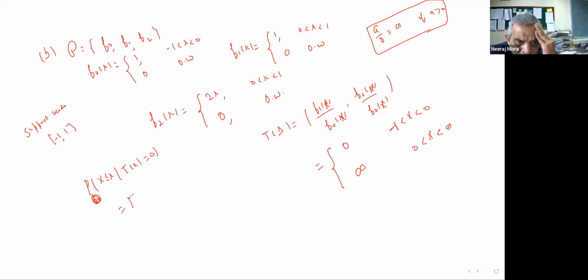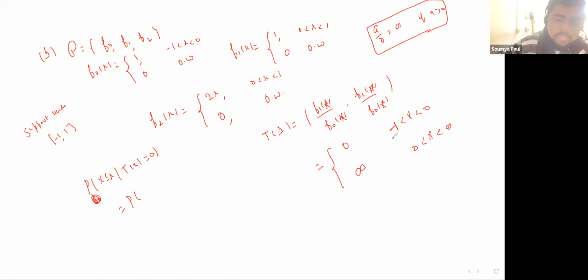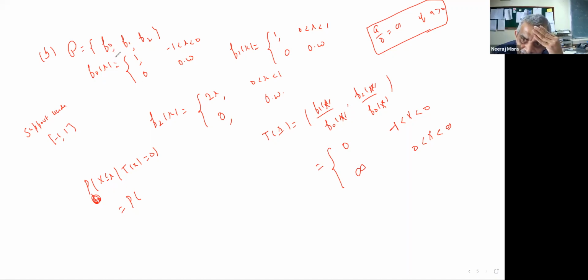What does that mean? Your distribution is F0, that means x has distribution F0. And if x has distribution F0, T(x) is given to be 0. T(x) equal to 0 means that x lies between -1 and 0, so it is under F0 only.